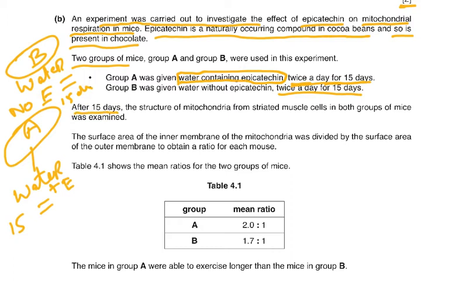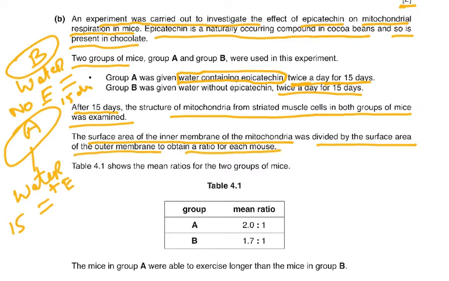After 15 days, the structure of mitochondria from striated muscle cells in both groups of mice was examined. The surface area of the inner membrane of the mitochondria was divided by the surface area of the outer membrane to obtain a ratio for each mouse. Now, this is a mitochondria, and this is the inner membrane.